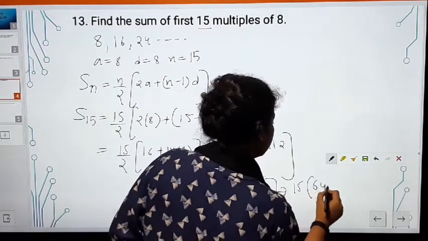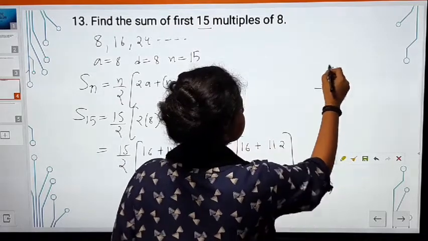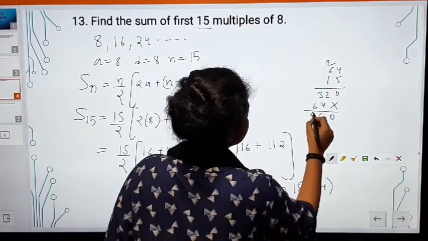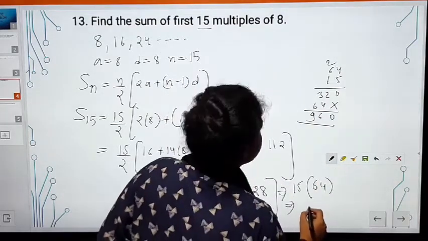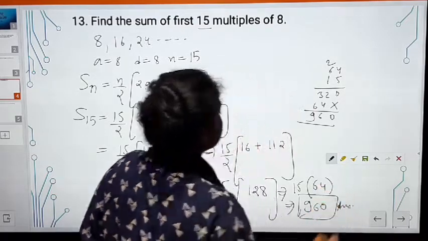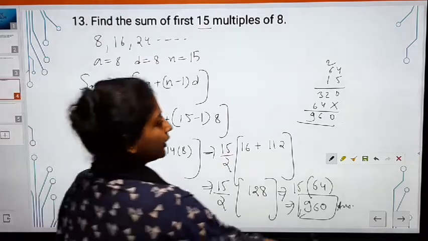Fifteen into 64, so we are getting the answer as 960. 960 is the sum of the first 15 multiples of 8. This completes our 13th question.